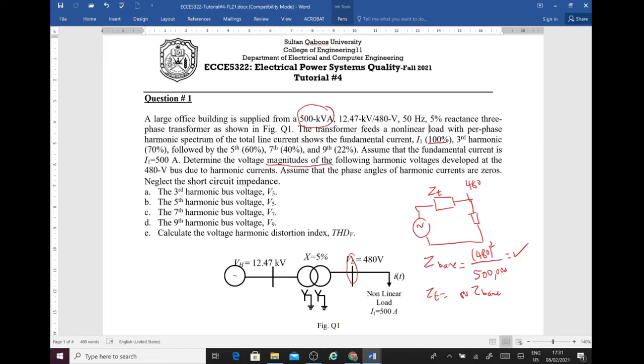If we like now to draw the equivalent circuit for the network at the harmonic frequency, because this is what we need to find, the generator will be shorted out. So what we have is only the transformer impedance, and then it is fed from a harmonic source.